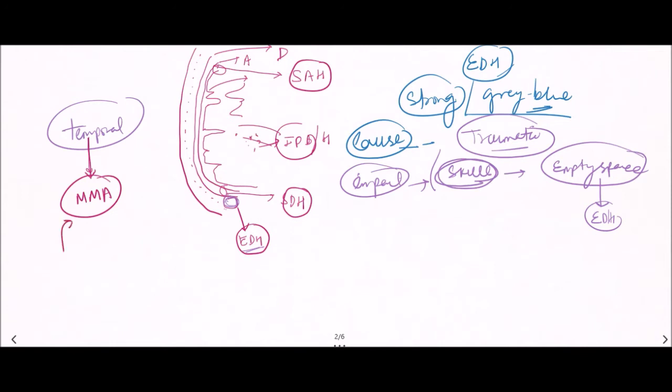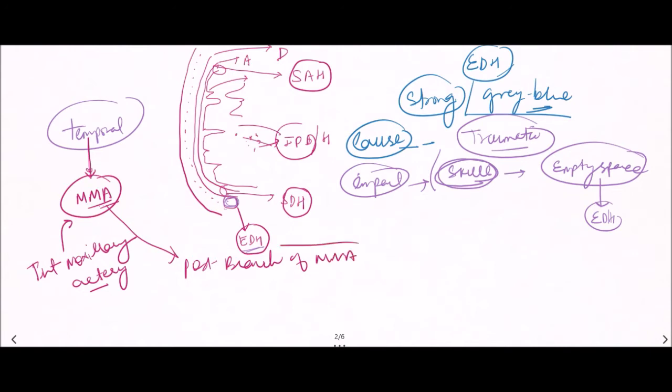The middle meningeal artery is a branch of the internal maxillary artery. What happens is there is rupture of these middle meningeal arteries, and most commonly the posterior branch of the middle meningeal artery is ruptured in case of extradural hemorrhage.